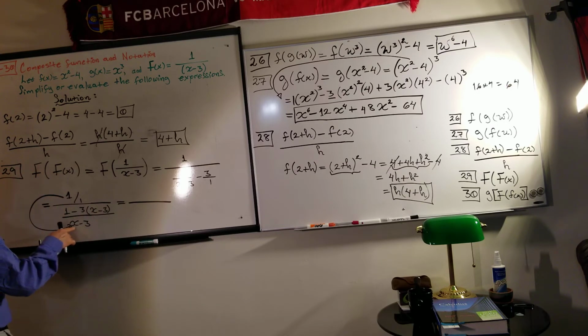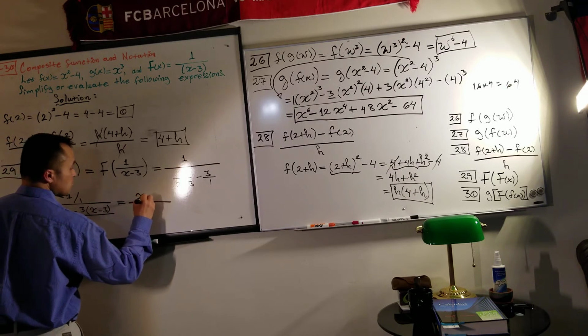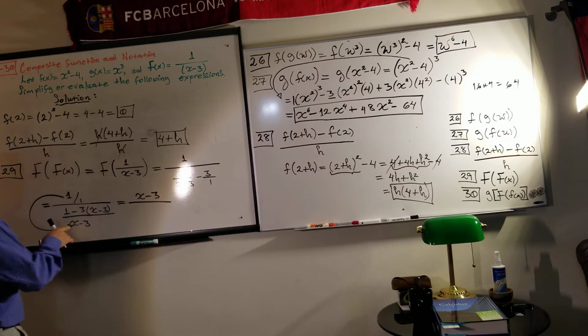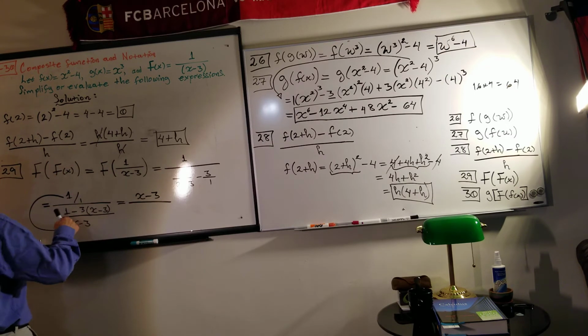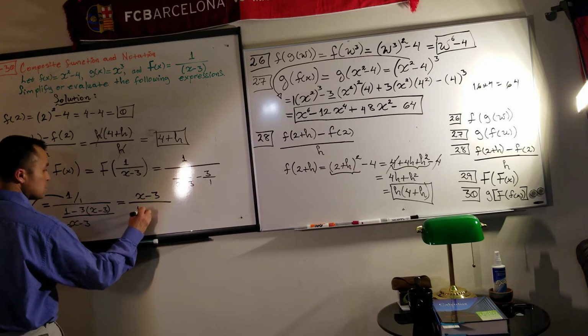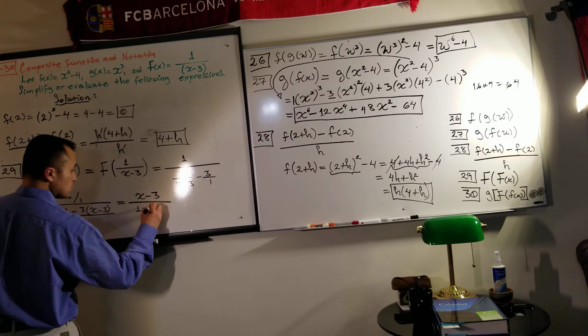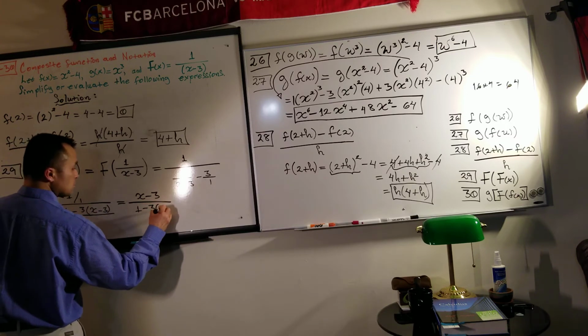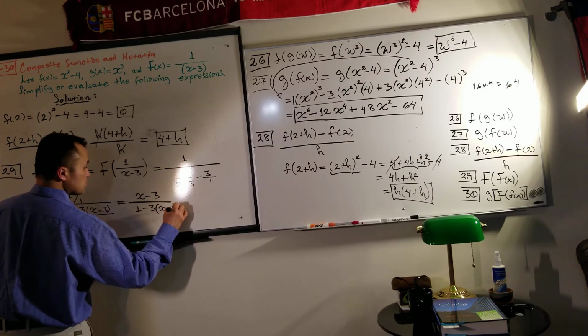So 1 times x minus 3 is x minus 3, and then 1 times 1 minus 3, x minus 3, so that is 1 minus 3 factor of x minus 3.